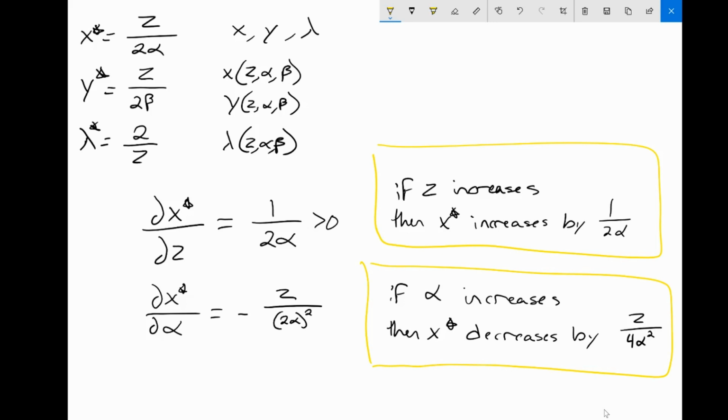All right, so we can interpret this. We can tell a story. We can say that as z goes up, x, or x star, I should say, will go up. We can say that as alpha goes up, x star will go down. We can tell a story about the way that these parameters will affect these variables.